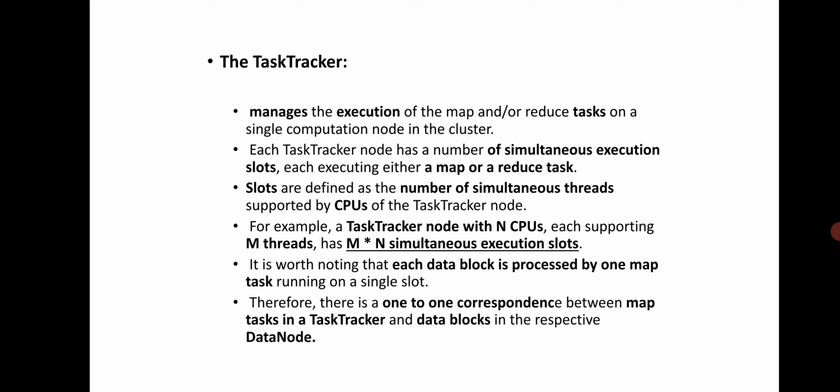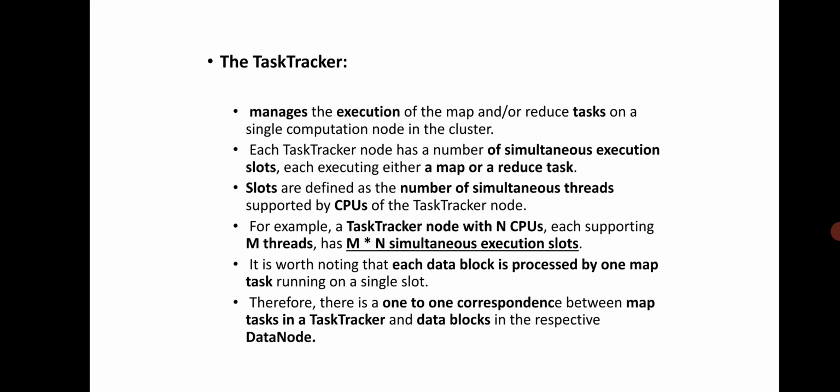The task tracker manages the execution of map and reduce tasks on a single computation node in the cluster. Each task tracker node has a number of simultaneous execution slots, each executing either a map or reduce task.